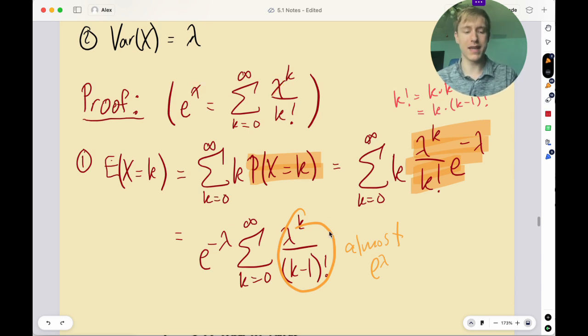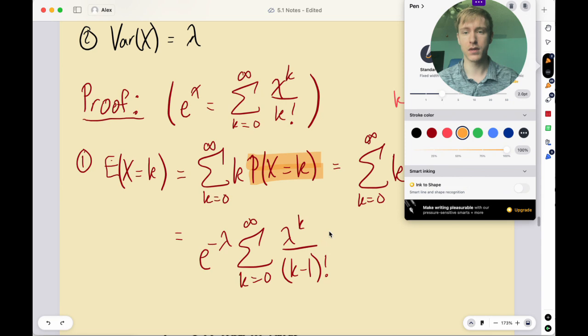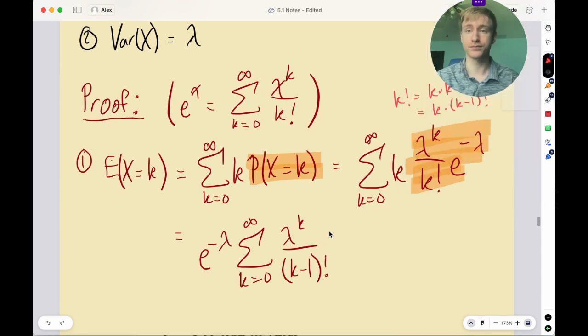In order to make it exact, we're actually going to do an old trick, which is to multiply and divide by a lambda. So we're going to multiply this by lambda to the minus 1 power times lambda. And you'll notice that this is just 1, and I'm multiplying by a very special 1.